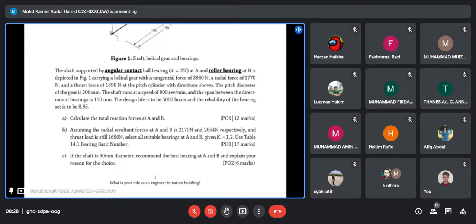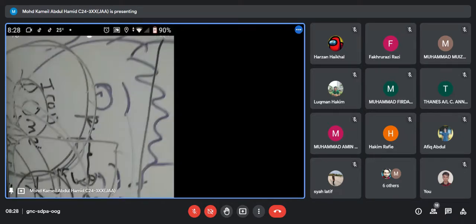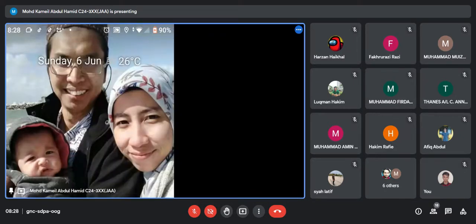Okay, alamak ada gelangan. Tak nampak kan? Sekejap saya masuk balik. Saya dah, apa ni, still have some issue with my handphone ni dah, so insyaAllah I'm going to look for new handphone soon. Mana saya nak buat ni?